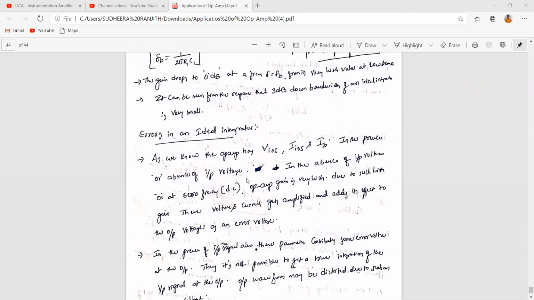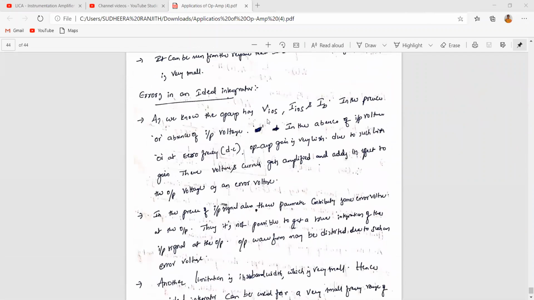So what are the limitations? Another limitation, right? We know that these are the factors which affect the output of your op amp.